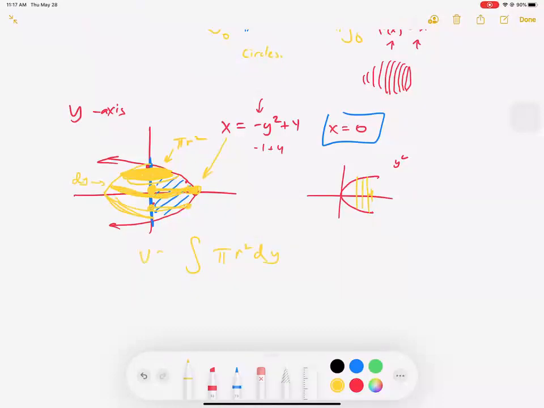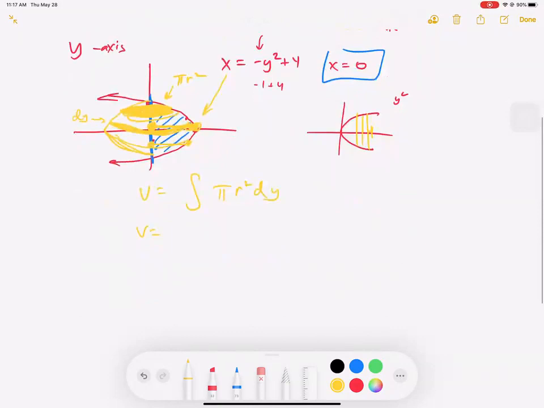So the volume measurement for us is actually going to be very similar to our rotating around the x-axis. So we end up with pi r squared dy, where the r is our radius, which is our x value, like we mentioned. See our x value, how far we came out.